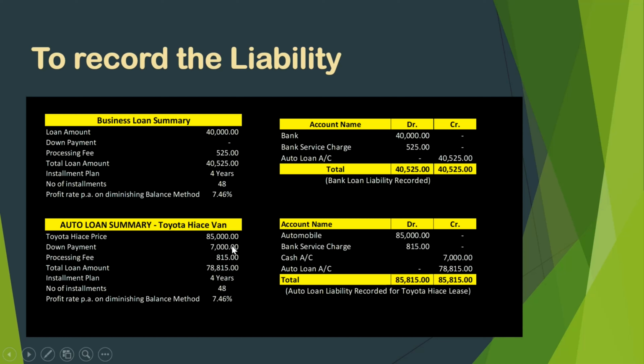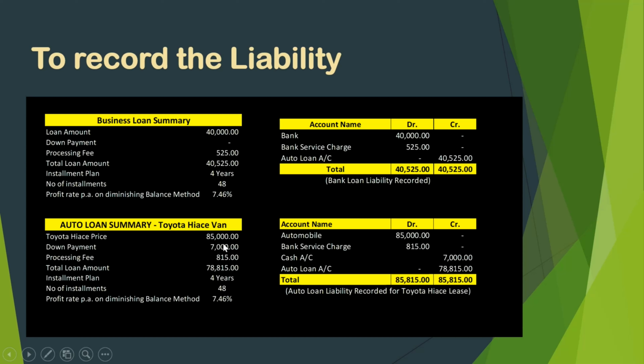This is a little bit changed as compared to the business finance. Here you make the down payment by cash or by bank, you will record it, and give credit of 7,000 to the cash account. If you paid cash, then the auto loan account will be 78,815, as we have defined in the auto loan summary.